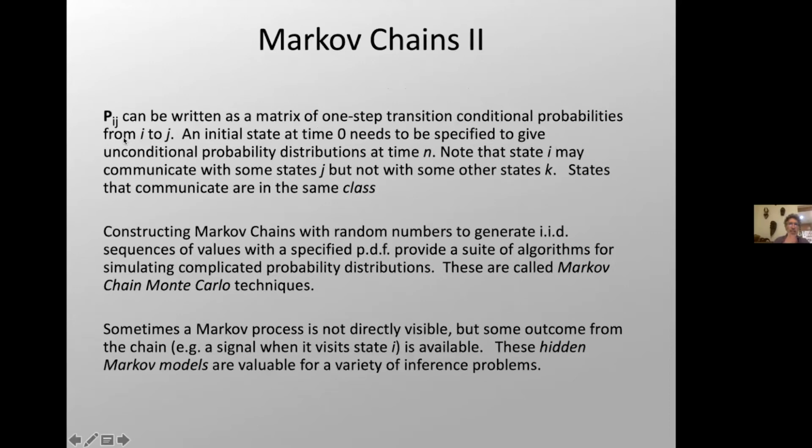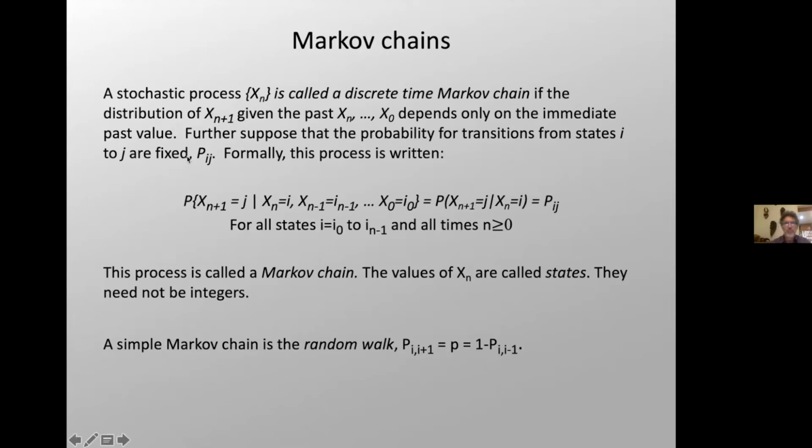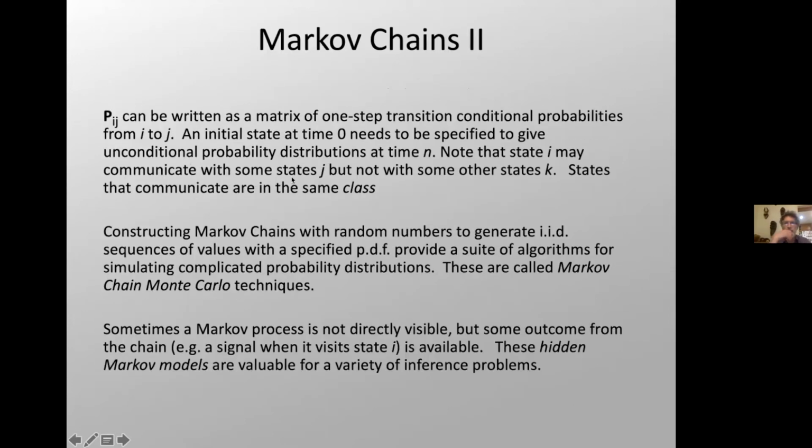Okay, so this matrix of transitions from one value to another value, these are conditional probabilities, going back to the probability theory that Tri and I discussed with you on the first day. Okay.